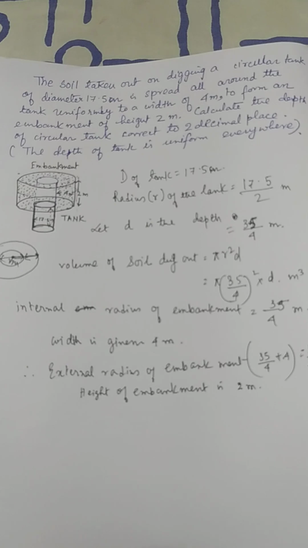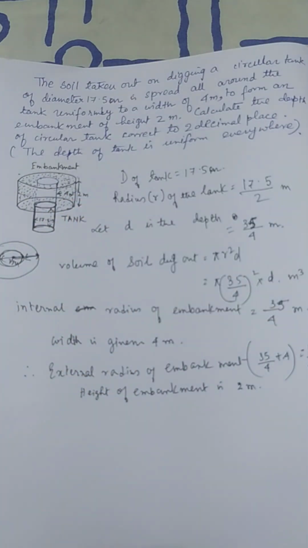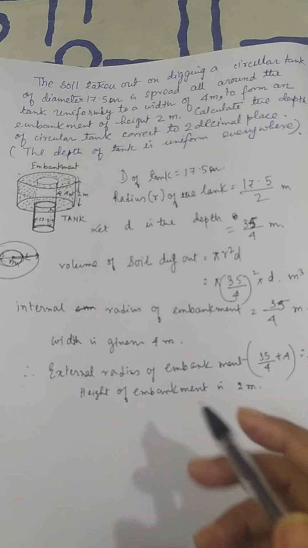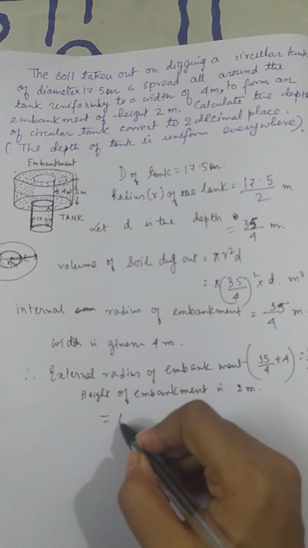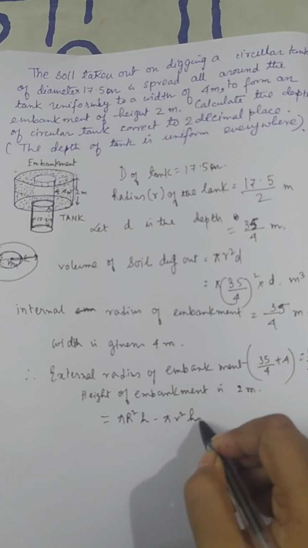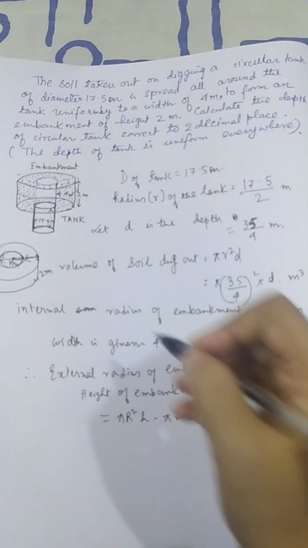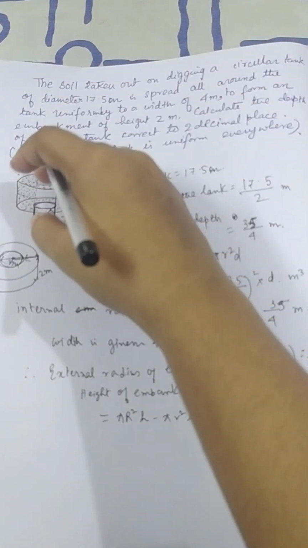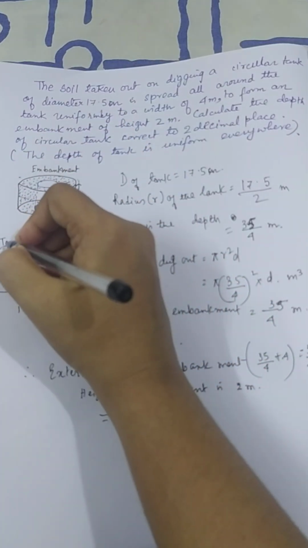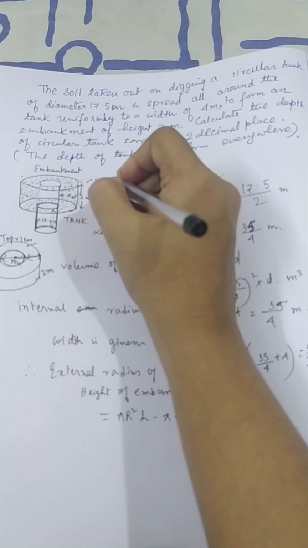So obviously the volume of the soil that has been used in forming the embankment of the circular tank will be pi capital R square h minus pi small r square h, because it has some height which is of 2 meter, right? If it is a top view, it is the top view, and it is the cross sectional view.